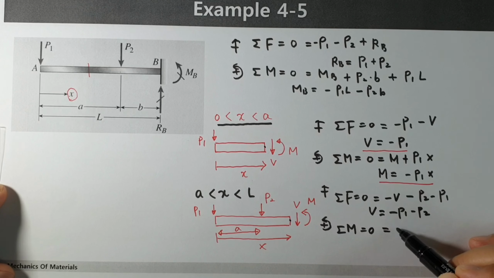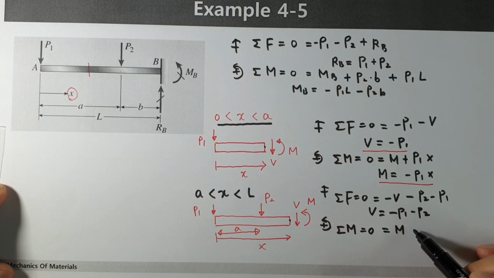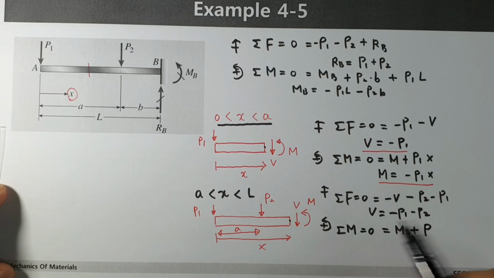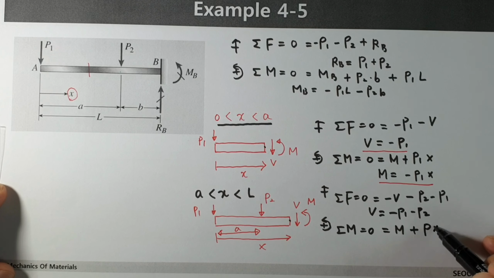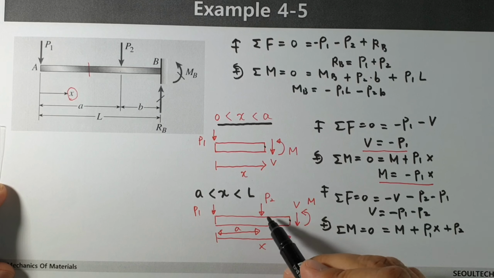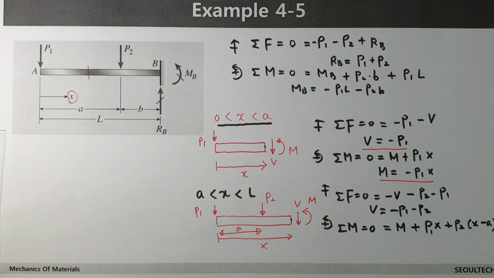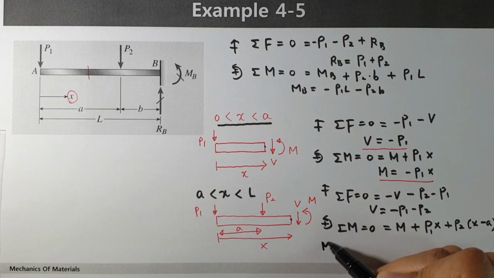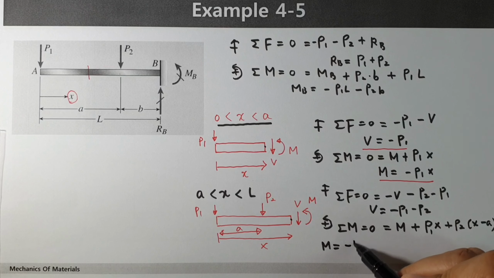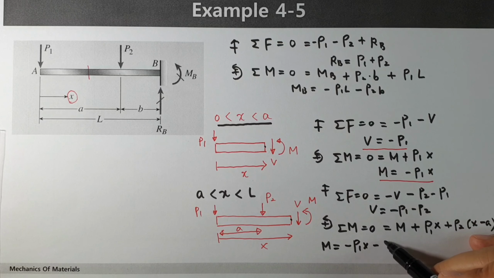Considering this one, M is positive, and P1 x plus P2 times this distance, x minus a. Finally, the moment is given by this expression: M equals minus P1 x minus P2 (x minus a).